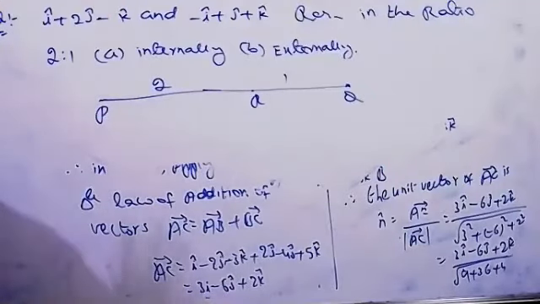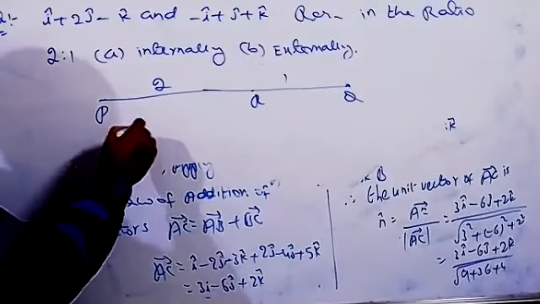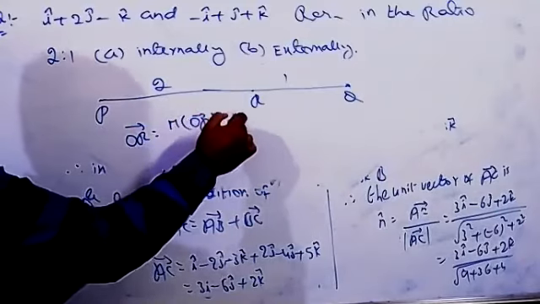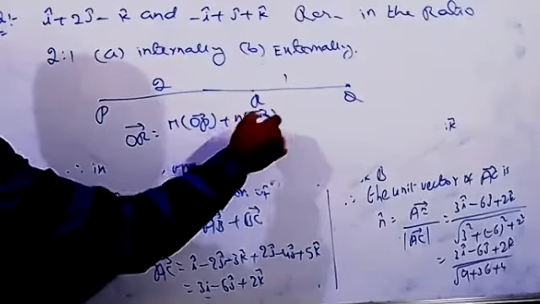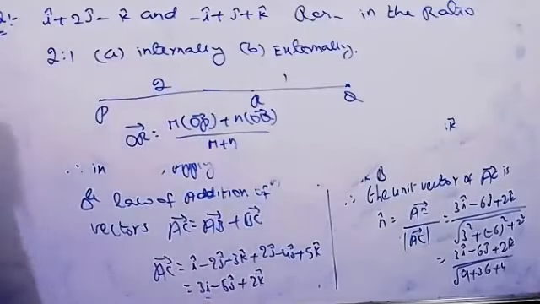Then what is the formula we will get? Internally, OR is equal to (m into OP plus n into OQ) whole by (m plus n). This is the first one.